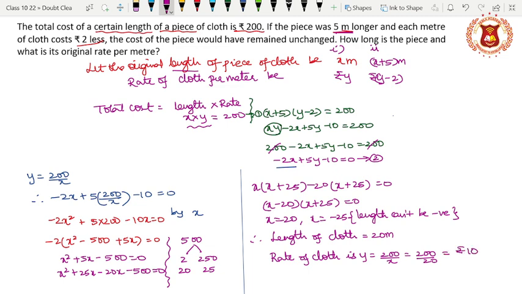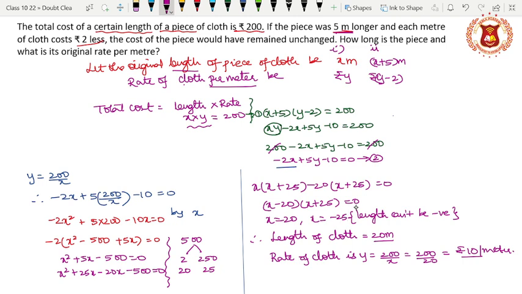Therefore the final solution is length of cloth is 20 meters and rate of cloth is rupees 10 per meter. We have taken rate of cloth per meter, right? Rupees 10 per meter. So it's a very easy problem.